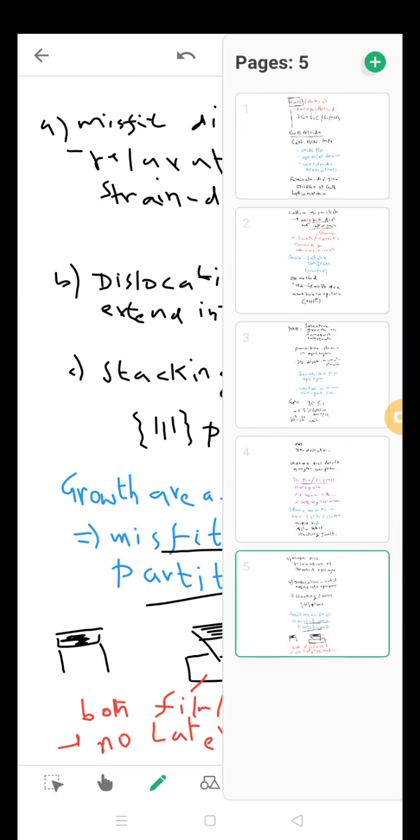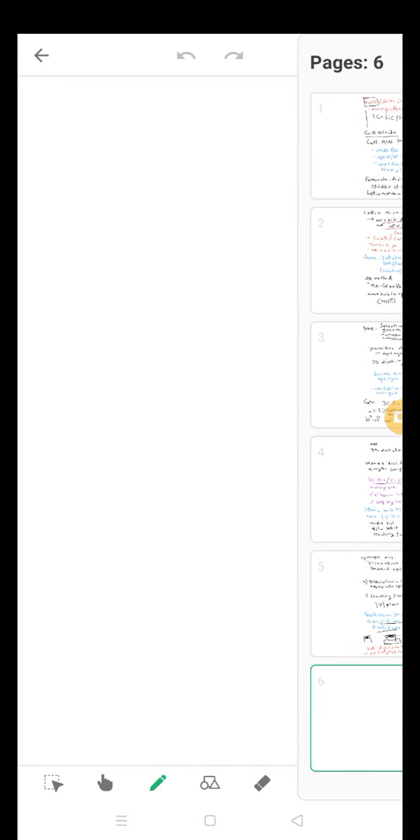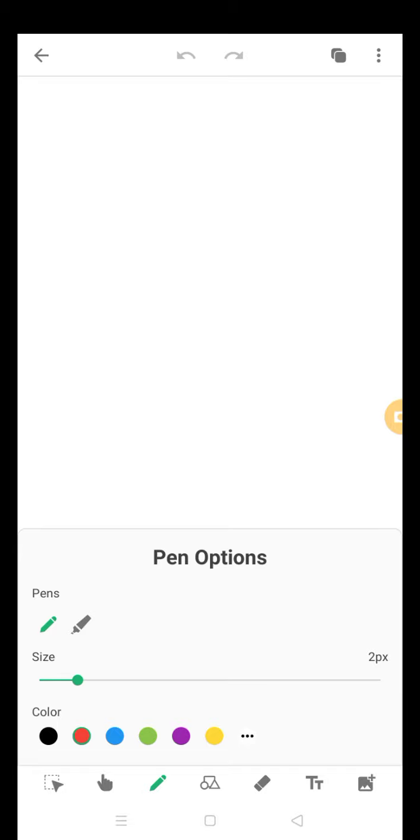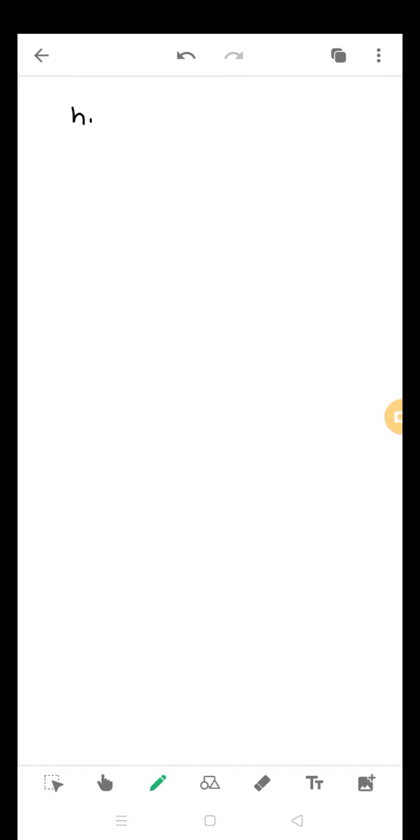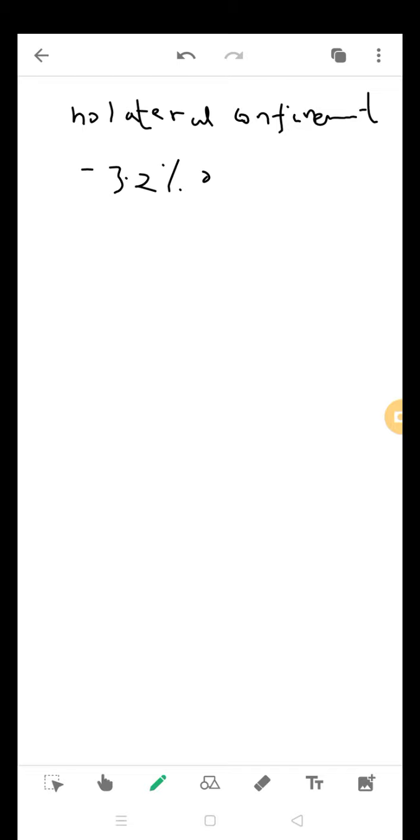Due to this, out of the 3.5%, 3.2% of the mismatch is accommodated.